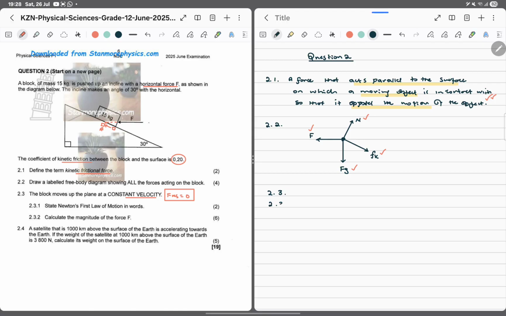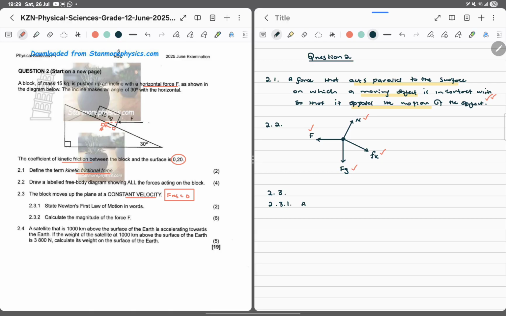So 2.3.1, we are asked to state Newton's first law of motion in words. Again, if you look at that very first question, although it captures Newton's second law, but what happened before then? Exactly my point. So these laws are literally interdependent in a way.